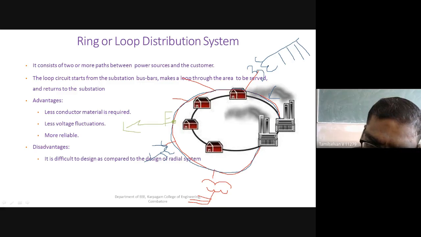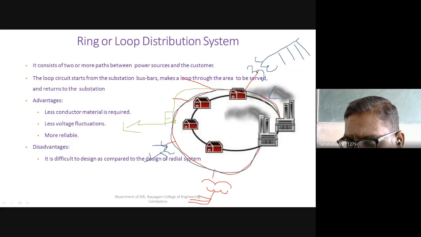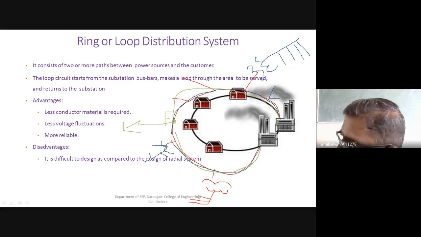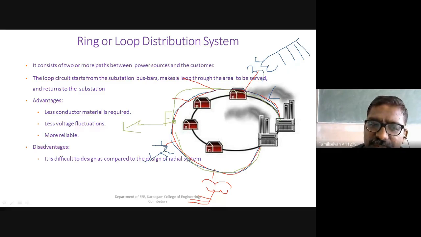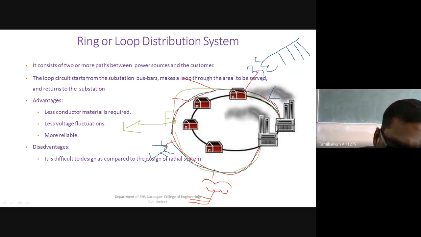Since this feeder is charged from the station, up to this point this part of the feeder is going to supply the power. There won't be any interruption. The other feeder will also supply, so continuity in the supply is maintained. That's why we call it more reliable, with more flexibility.